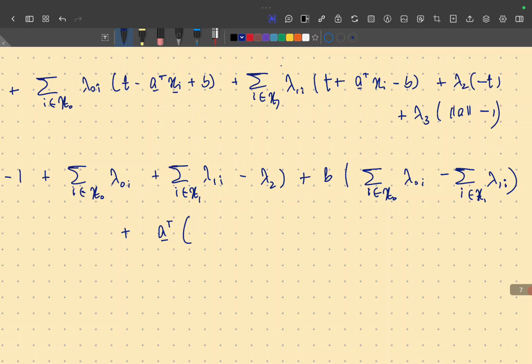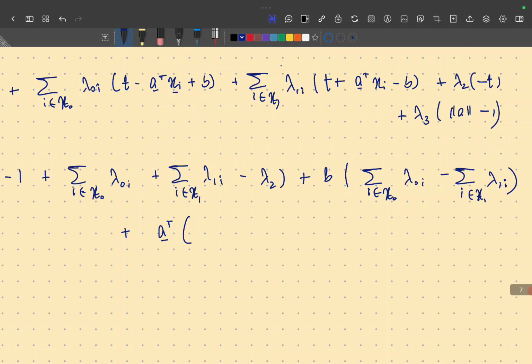There's a specific reason why I kept norm a and not norm a squared. It doesn't make it that much more complicated. If I replace norm a with norm a squared, the solution to my primal optimization problem doesn't change. But it does change the dual optimization problem. The primal solution does not change, but the dual optimization problem does change.